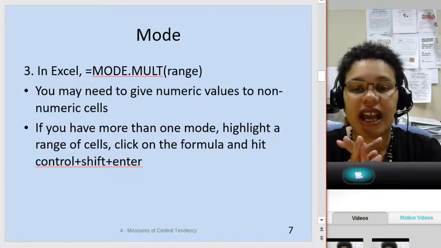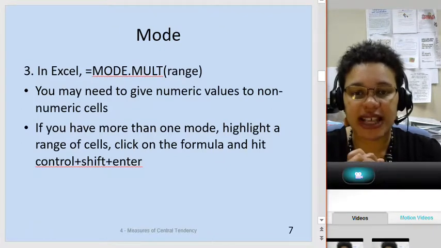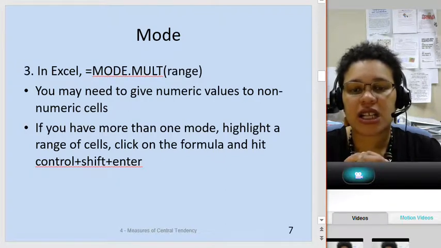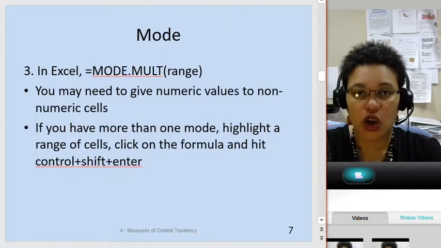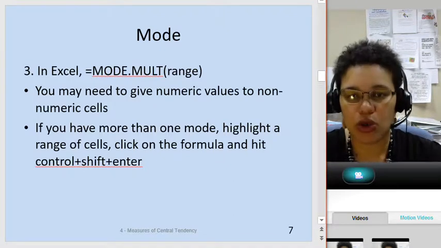And you may need to give non-numeric values to non-numeric cells. If you have more than one mode, you highlight a range of cells, click on the formula and hit Control Shift Enter, and that'll allow it to show more than one mode.